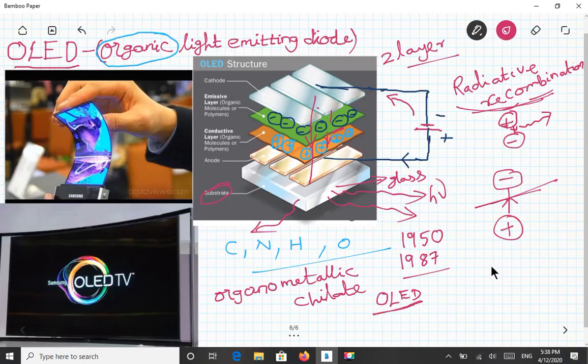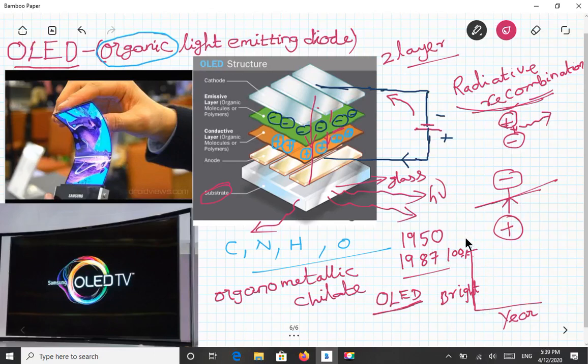So that's one of the biggest disadvantages. Another disadvantage is that the brightness of OLED decreases over the years. If we take it as a graph, this is brightness and the year. We take this as 100%.